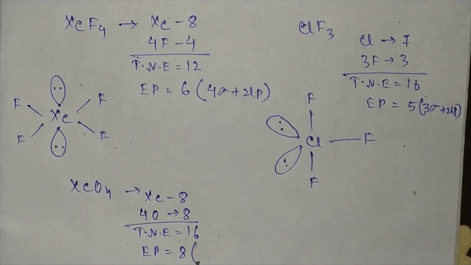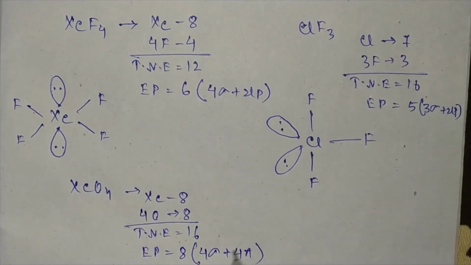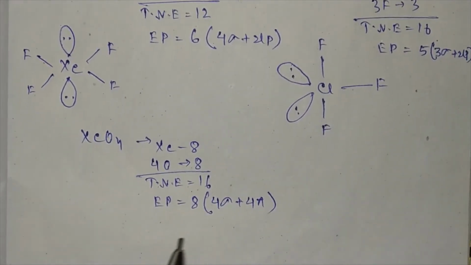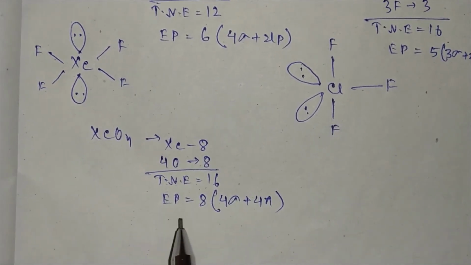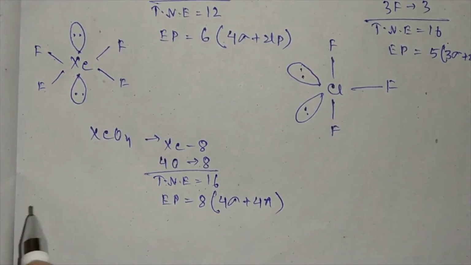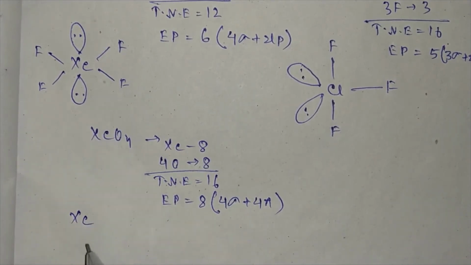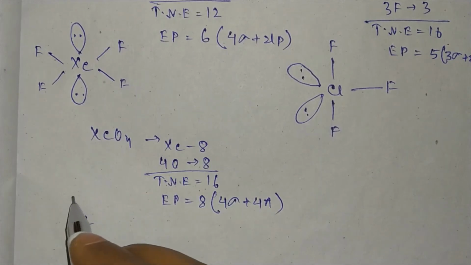So for 4 oxygens we will get 4 sigma plus 4 pi. Now pi bonds will not contribute towards the geometry or shape of the molecule, so we will consider the shape by using these 4 sigma. So for 4 sigma the hybridization will be sp3, that is the geometry will be tetrahedral.